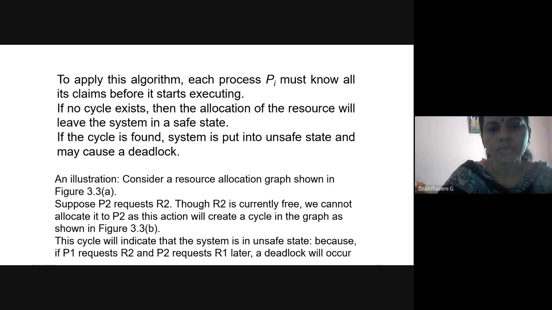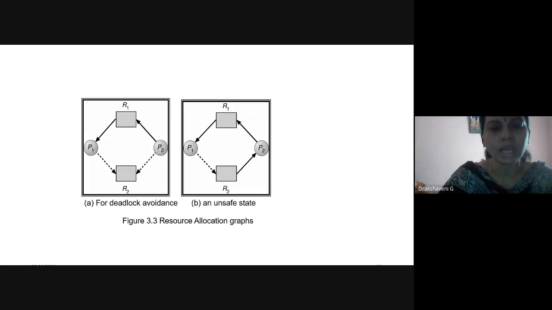As an illustration, consider the resource allocation graph shown in figure 3.3. Suppose P2 requests R2. Though R2 is currently free, we cannot allocate it to P2 as this action will create a cycle in the graph shown in the figure. This cycle indicates the system is in an unsafe state, because if P1 requests R2 and P2 requests R1, later a deadlock will occur. What does the dashed line say to us? I may require.